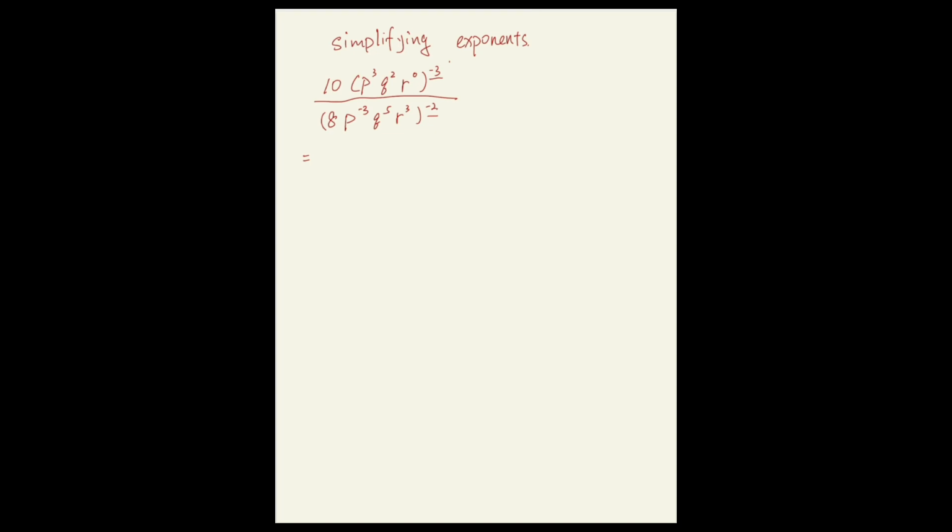So for this one it is 10 times 8. Okay, so we just change the position and change the negative to positive, and then we distribute the power to each part.